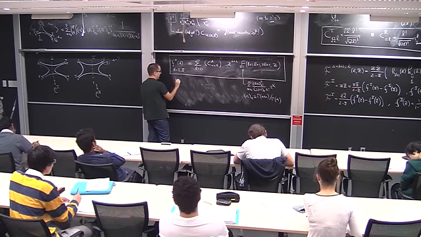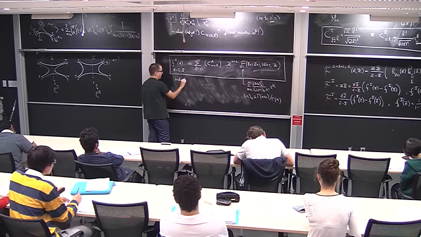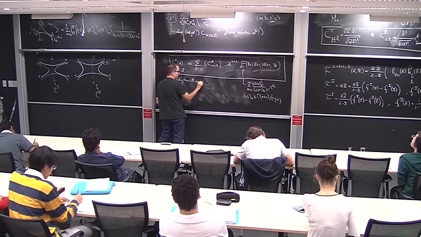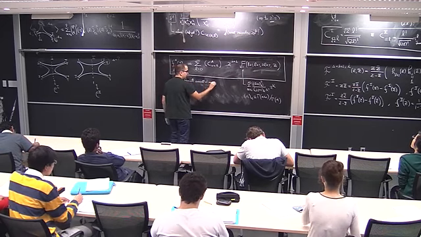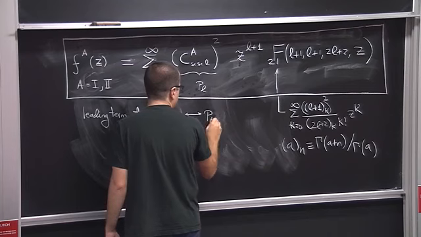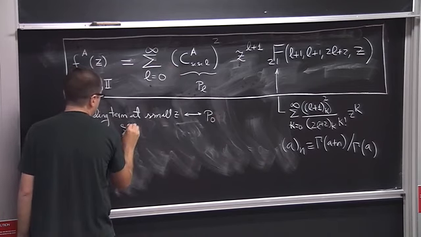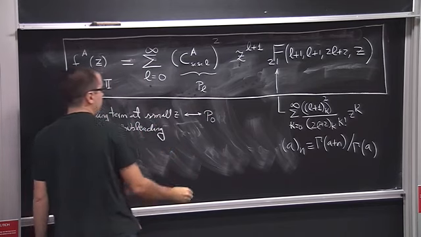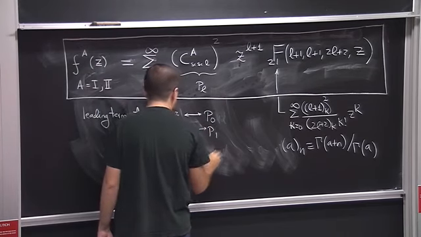The leading term at small z gives you directly, let's call this object P_L, gives you directly P_0. And then the subleading term, once you know P_0, gives you P_1, and so on.